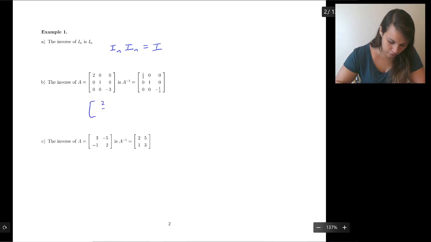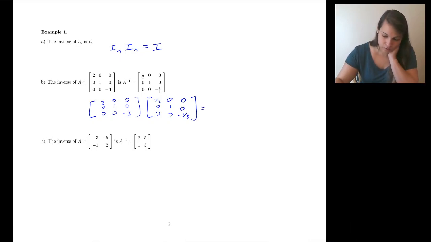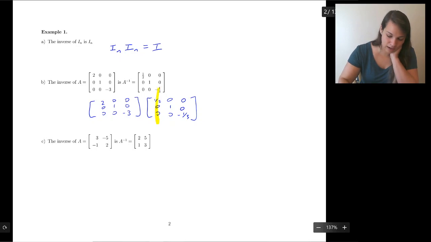So we've got 2, 0, 0, 0, 1, 0, 0, 0, -3, multiplied by a half, 0, 0, 0, 1, 0, 0, 0, -1/3. Okay, so remember matrix multiplication, we take row 1 times column 1, and that's going to give us the first entry in our result matrix.